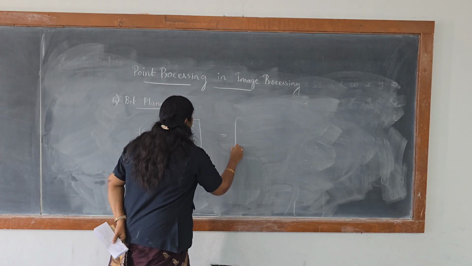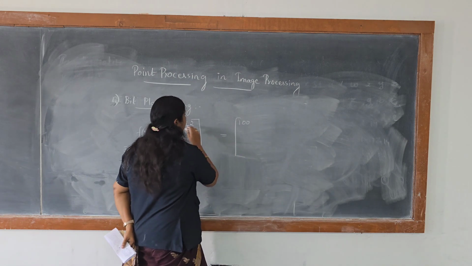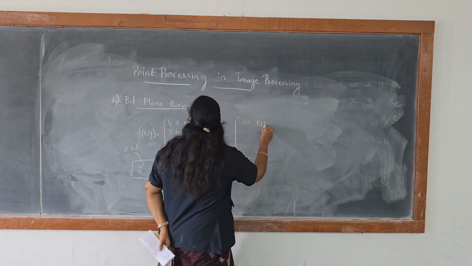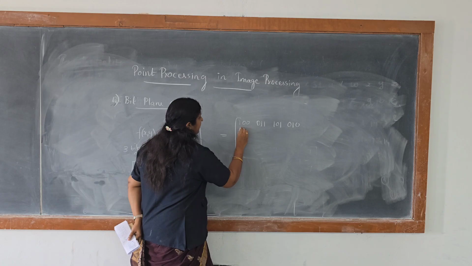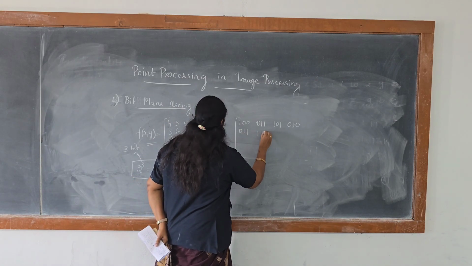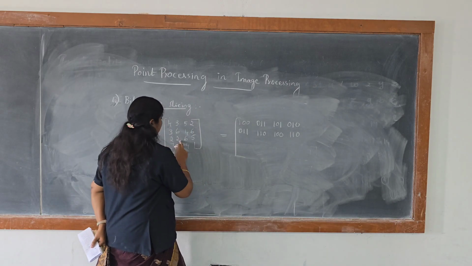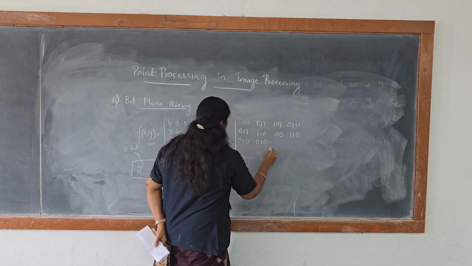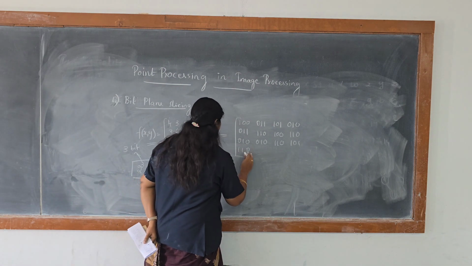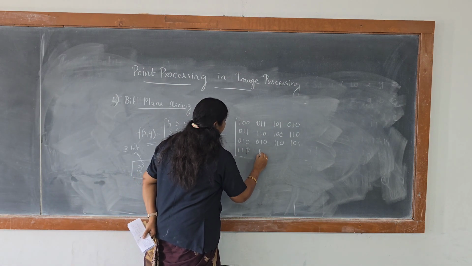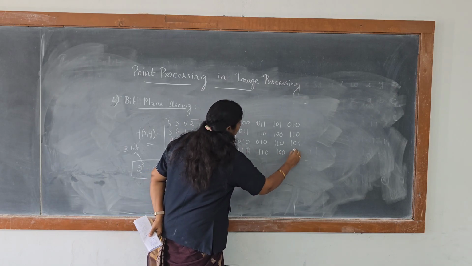For L, how will you write the 3-bit value? 4 is 1 0 0, 3 is 0 1 1, 5 is 1 0 1, 2 is 0 1 0, and 3 is again 0 1 1, 6 is 1 1 0, 4 is 1 0 0, again 6 is 1 1 0, 2 is 0 1 0, 2 is 0 1 0, 6 is 1 1 0, 5 is 1 0 1, 7 is 1 1 1, 6 is 1 1 0, 4 is 1 0 0 and finally 1 is 0 0 1.